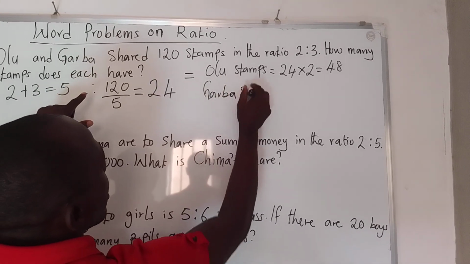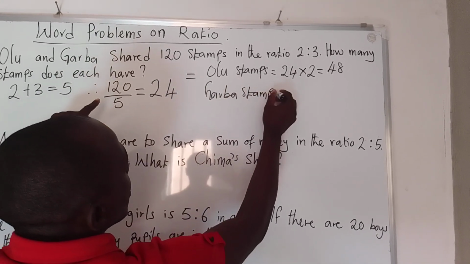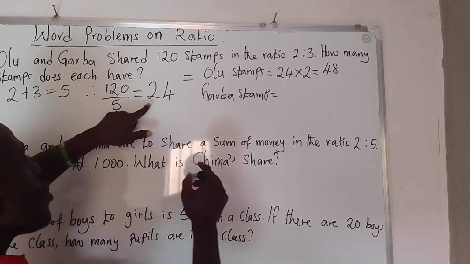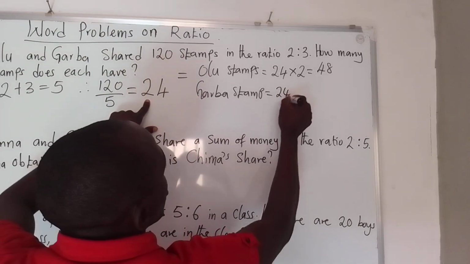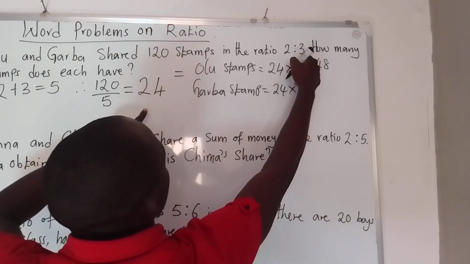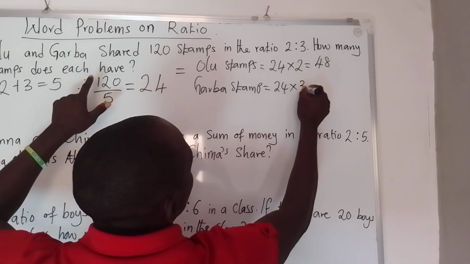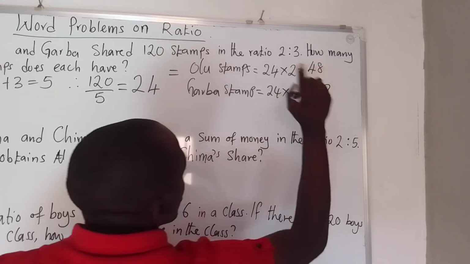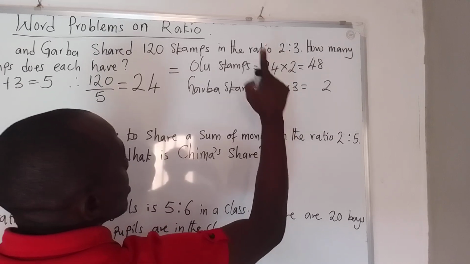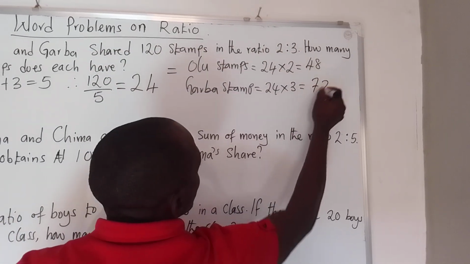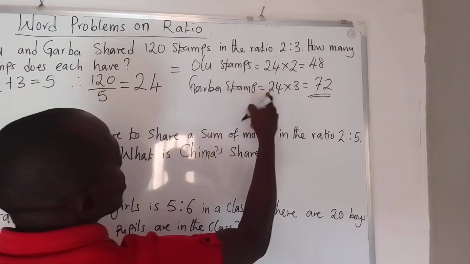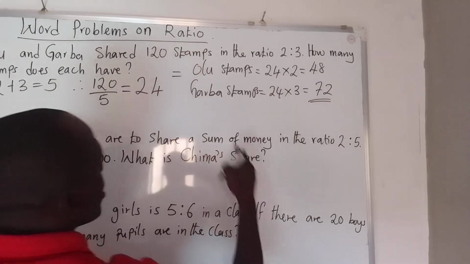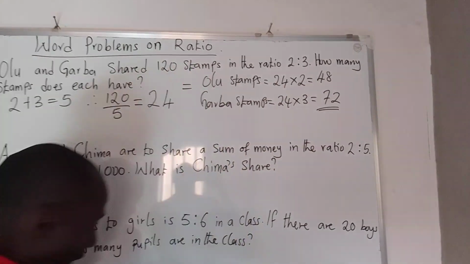Garba's stamps is equal to the same 24 multiplied by 3. 3 times 4, it will give us 12. Write 2, carry 1. 3 times 2 is 6 plus the 1, 72. So Garba has a total of 72 stamps, while Olu has 48 stamps.